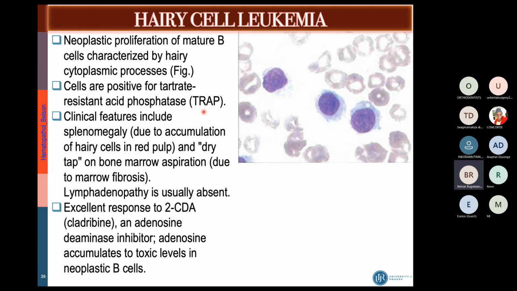Clinical features, usually these patients present with splenomegaly, because these hairy cells will be sequestered in the spleen. Usually they don't have lymphadenopathy or lymph node enlargement. They respond very well to treatment, cladribine and the adenosine deaminase inhibitors. So this helps much in these patients.